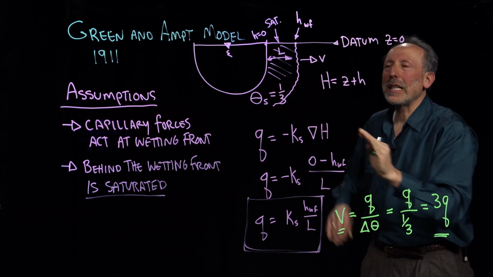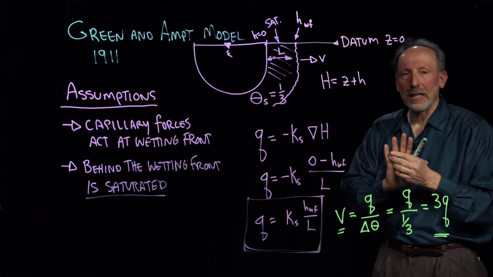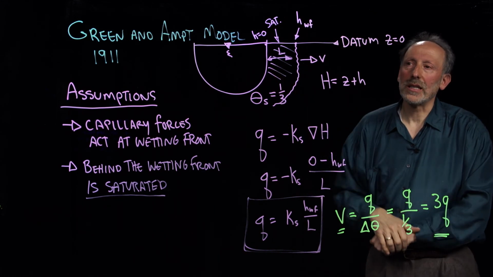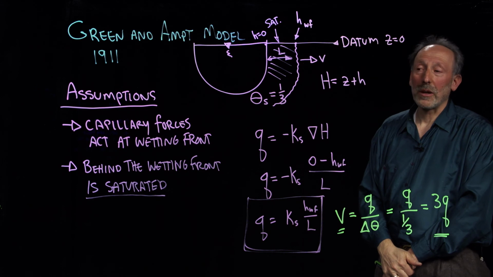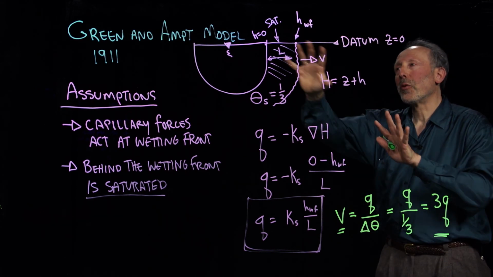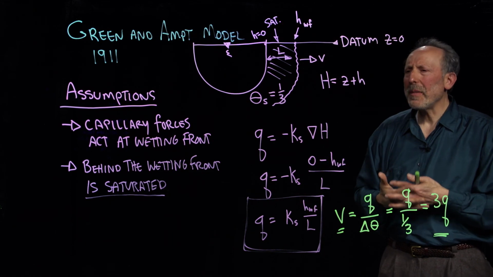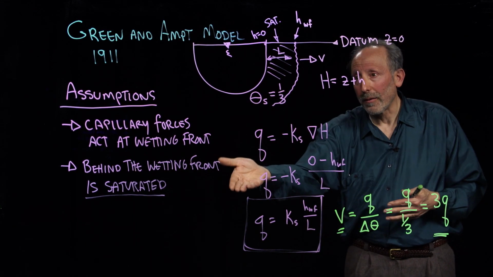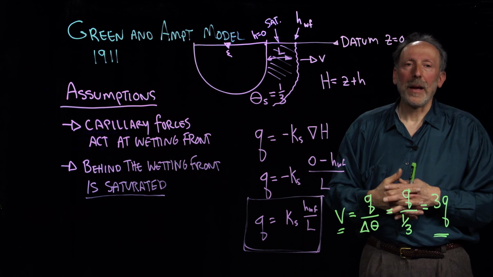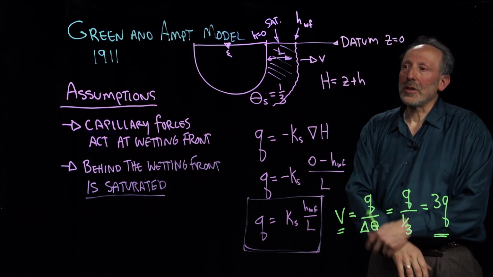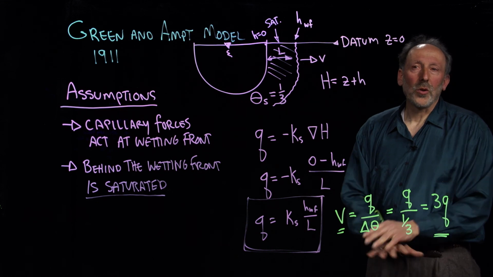So you always want to keep in mind that yes, the flux is measured in length per time, but actually we have to account for how much porosity is there when we actually calculate the velocity of the wetting front. So that's the Green and Ampt model for infiltration, it is really this simple, and it can be applied in a tremendous number of contexts, including for vertical infiltration, and in the case of global climate models, often is the model used for describing how water goes into the soils around the world.